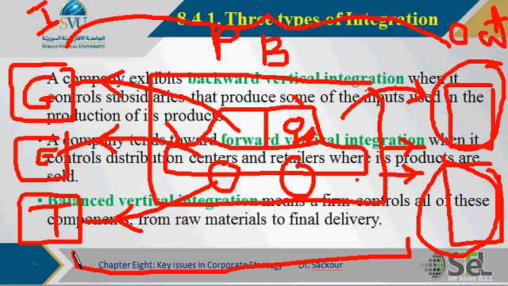This is a very critical point for our customers and our suppliers, and to acquire the whole process.